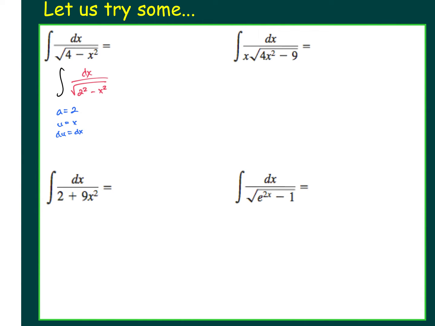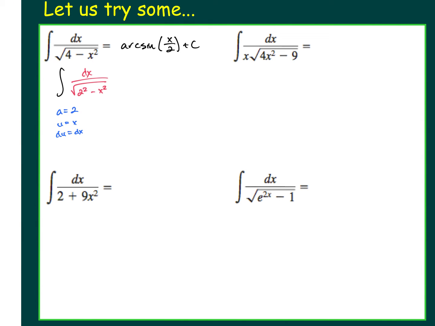Now we just need to look at our little note card. Is this an arcsine or an arcsecant? It's an arcsine. Why? Because it's the number minus a variable. So we just use our note card, and I'd have arcsine of x over 2 plus c.